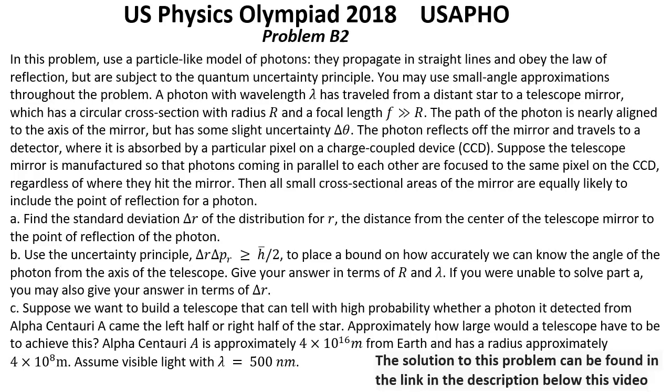Alpha Centauri A is approximately 4 times 10 to the power 16 meters from Earth and has a radius of approximately 4 times 10 to the power 9 meters. Assume visible light with a wavelength lambda equal to 500 nanometers.